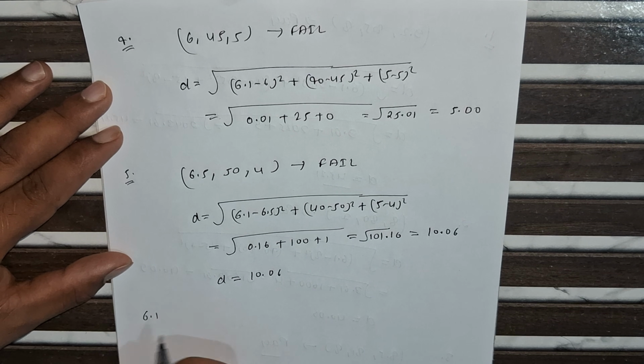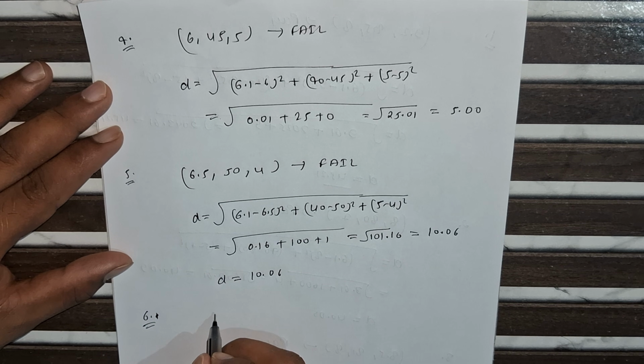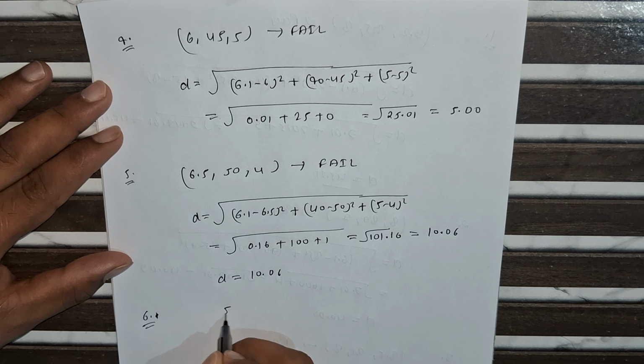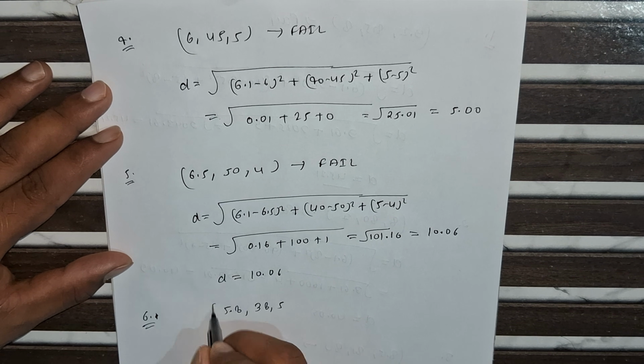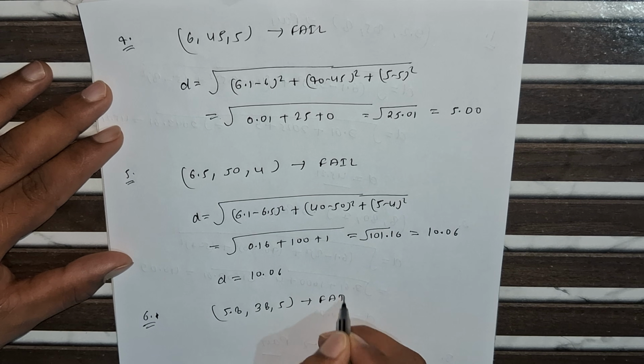Now our last result. So our CGPA is 5.8, and our assessment is 38, and our project submitted is 5. The result is fail.